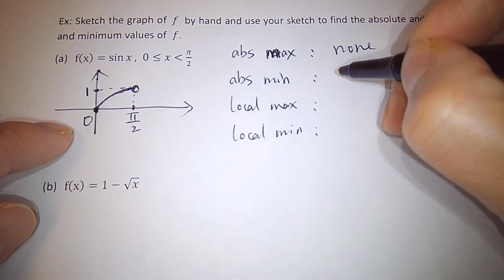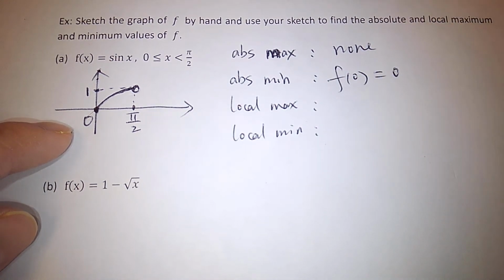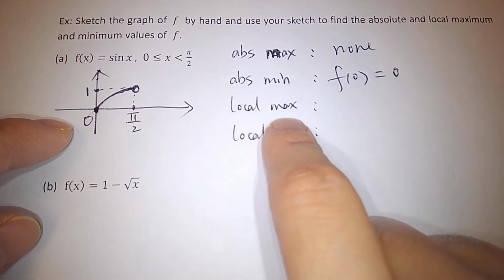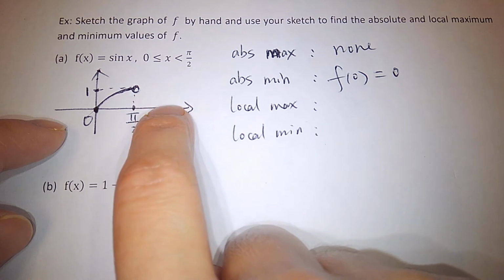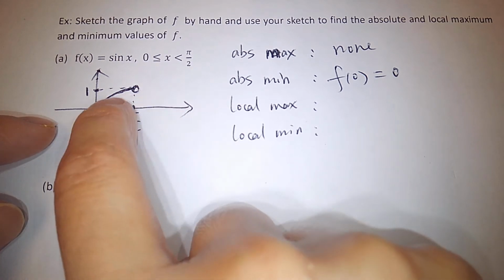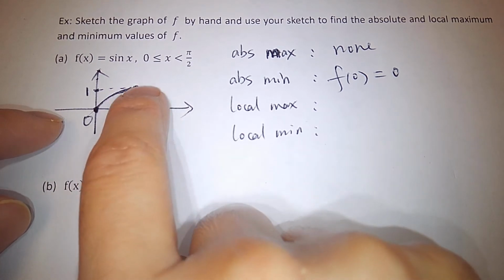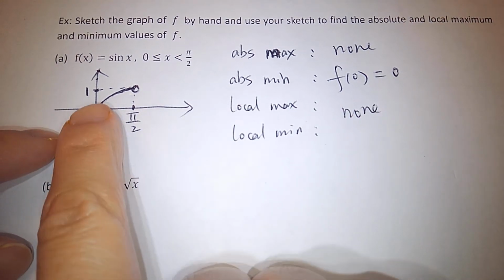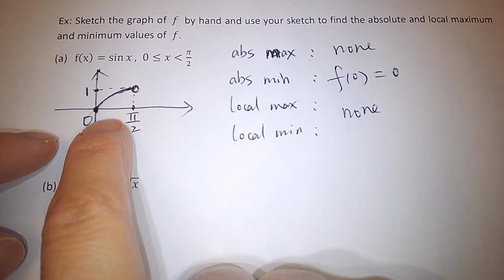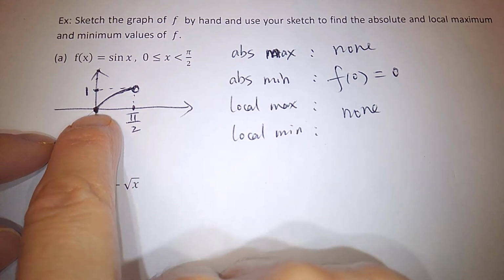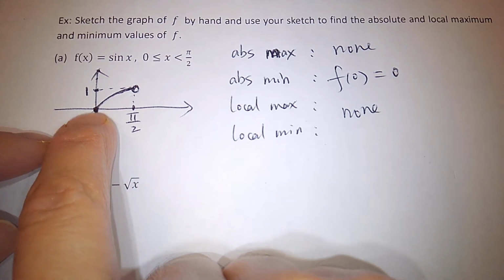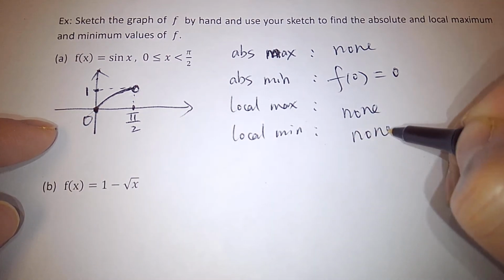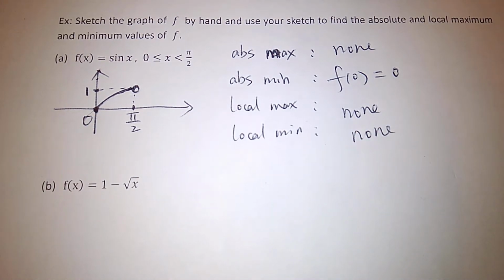That would be f of 0 equals 0. Yes, very good. Do you have a local maximum? No, we don't even have a mountain, right? So none. Do you have a local minimum value? No. This one is the absolute minimum value, but it's at the endpoint, right? So no. We do not have a local minimum either.